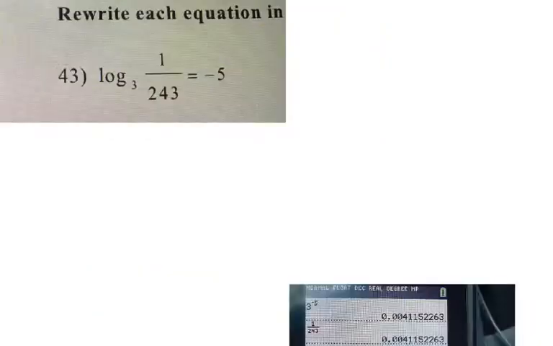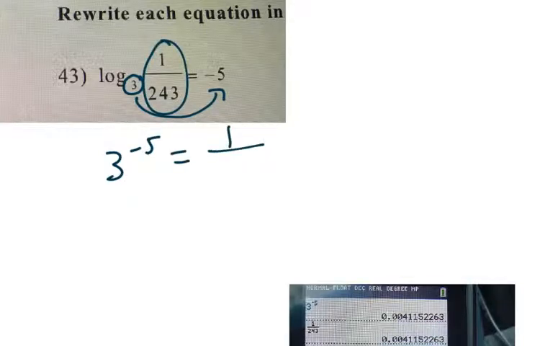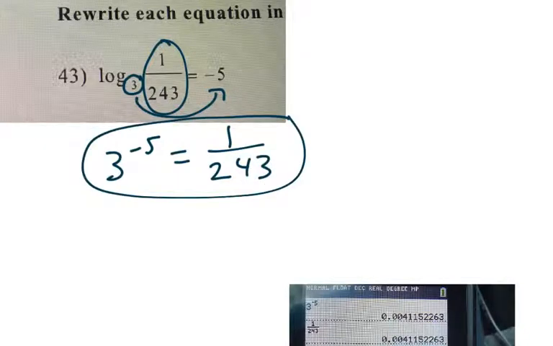So let's get to the problems that I gave you here. On number 43, notice the base is 3. I could have simply said 3 to the negative 5 power has to equal this, which is 1 over 243, and we're done.